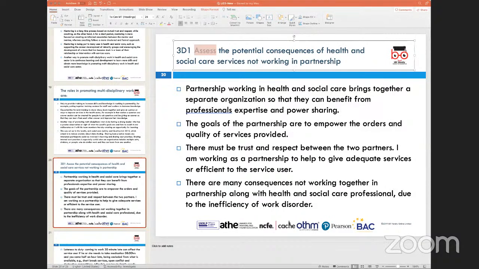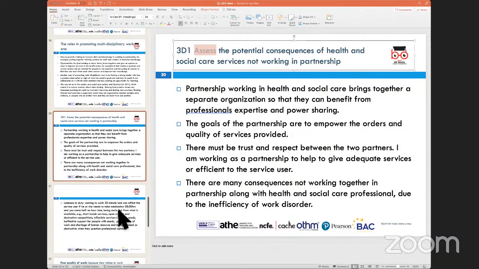So in some cases, it could lead to potential consequences in terms of poor care or poor services being provided, or a lack of holistic services being provided.